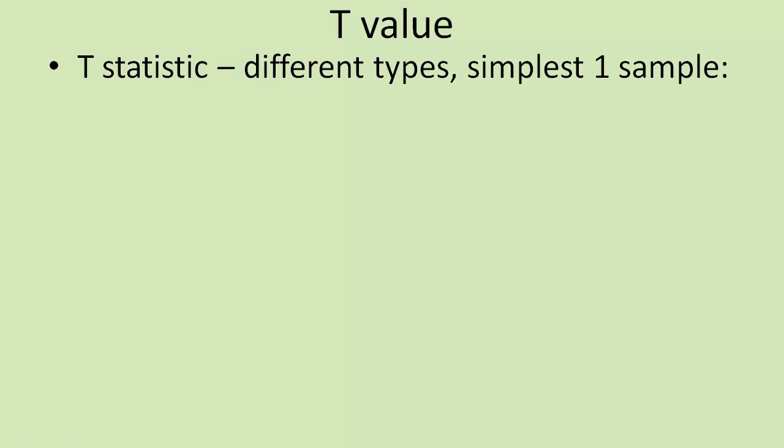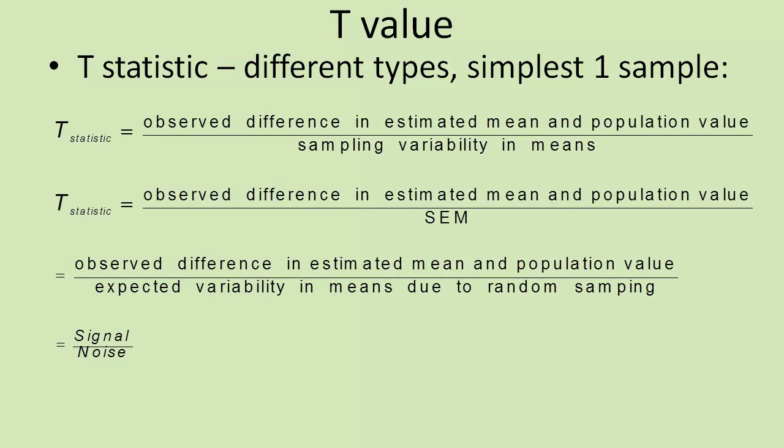So the t-statistic or t-value is basically a ratio of the observed difference between means and that expected due to random sampling. So it's a ratio, but it also takes into account sample size. There are different types of t-statistic or t-value, but for now we will consider the simplest one, the one sample t-value. Let's consider what different values this ratio might take and what this means.